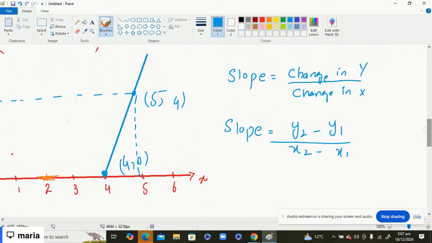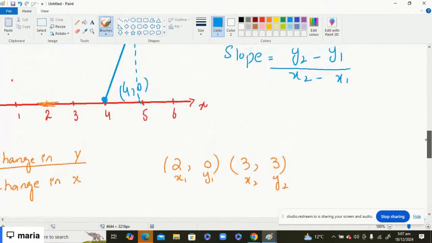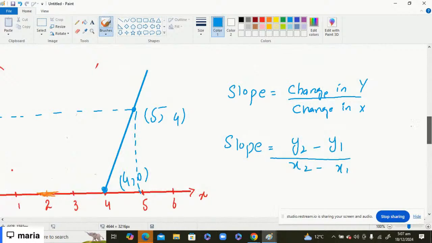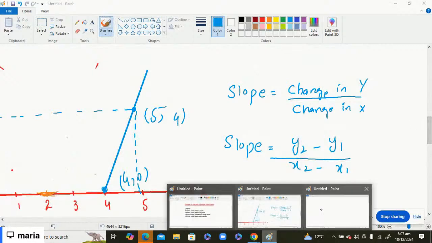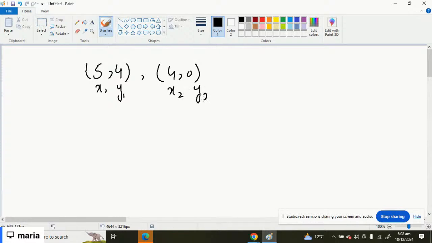Okay, so what are the 2 points? These are the 2 points, which are 5, 4 and 4, 0. This is x1, y1, x2, y2.